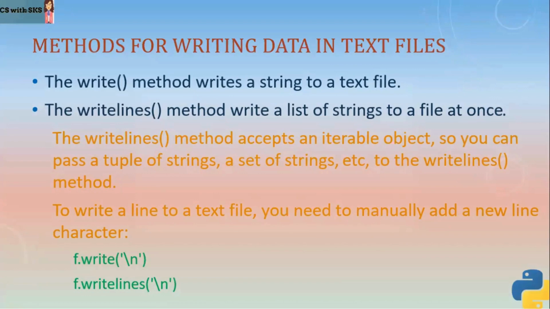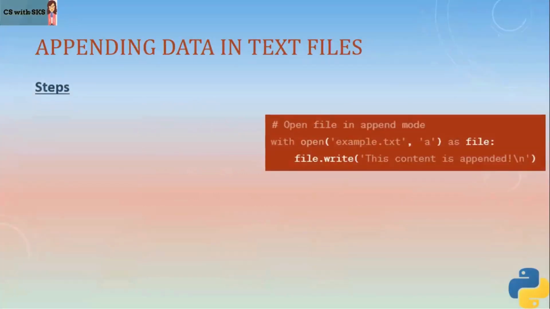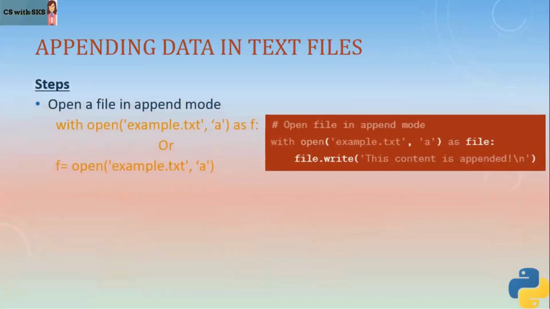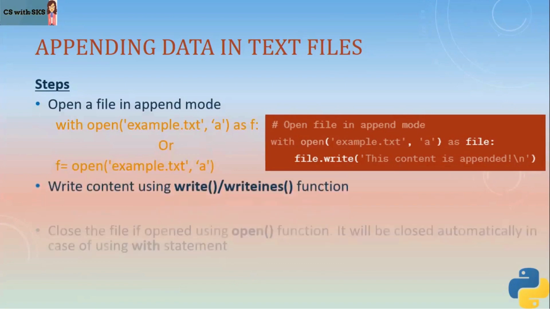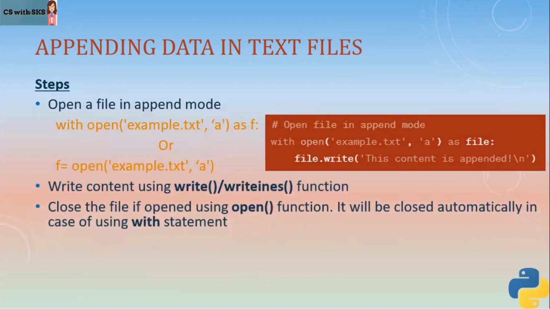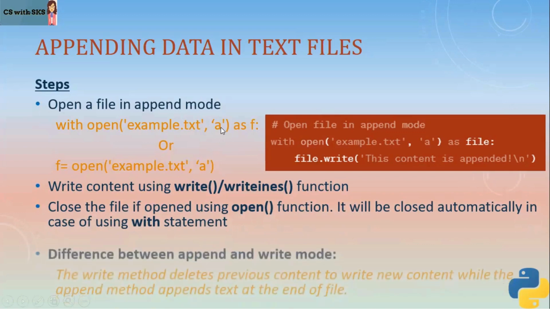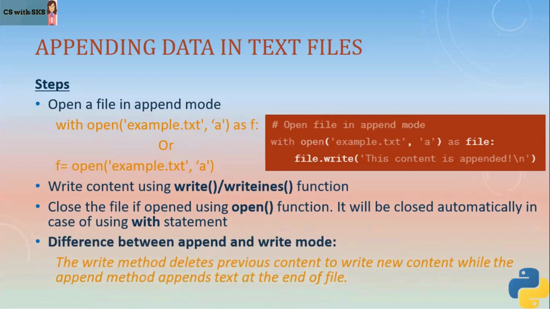Now, on similar grounds, before I take you to the Python shell for understanding how we write, we have appending data in text files. The steps are the same. You need to open the file in append mode. Append mode is A, it is not W. The major difference between append mode and write mode is that in W mode, the previous content is deleted and new content is overwritten over that, right?